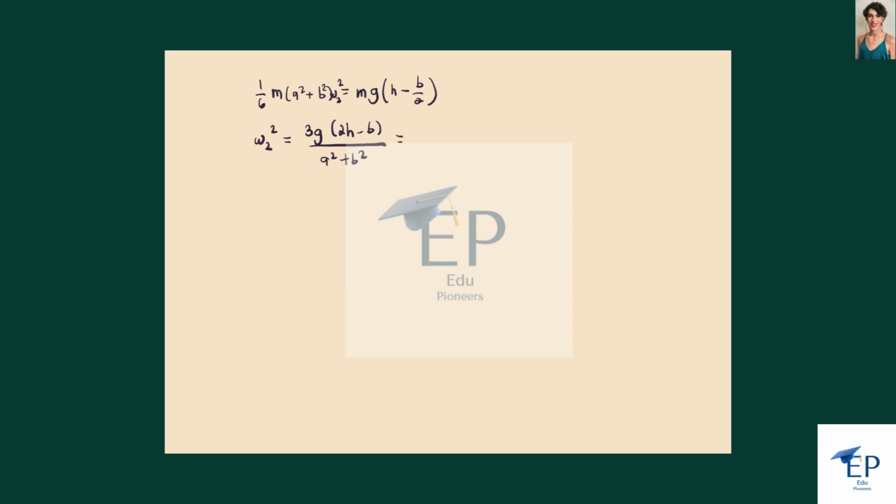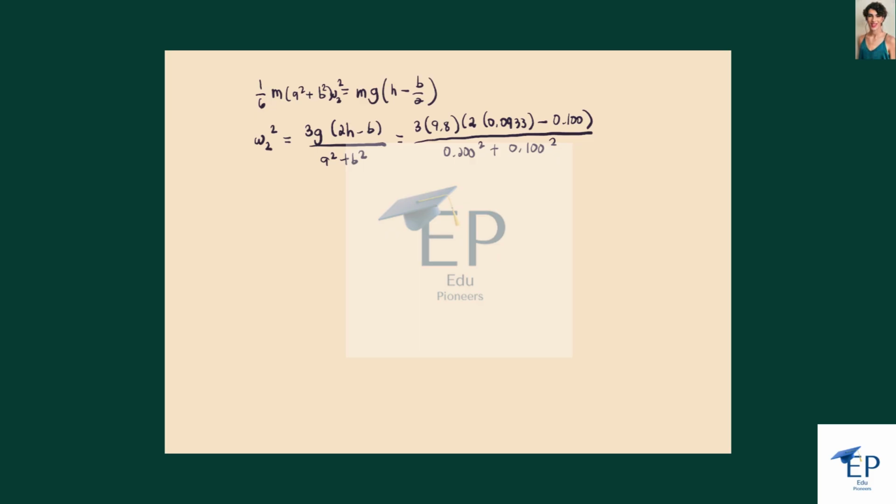Substituting the values that we have, that's 3 times 9.8. I'm omitting the units for simplicity. So, 2 times 0.0933 minus 0.100, all over 0.200 squared plus 0.100 squared.